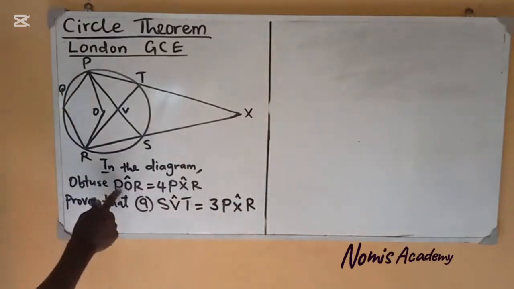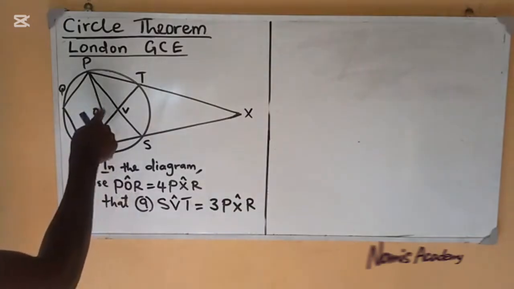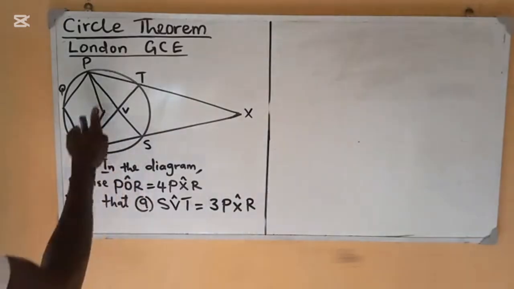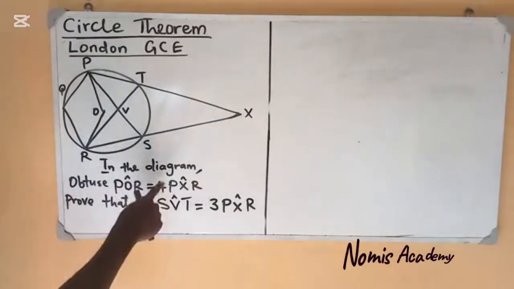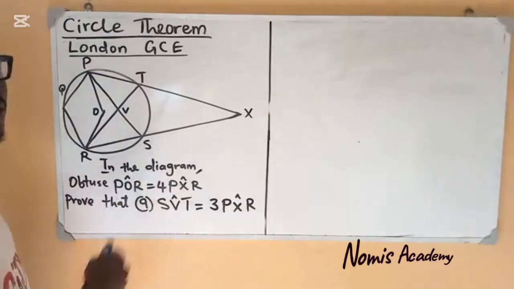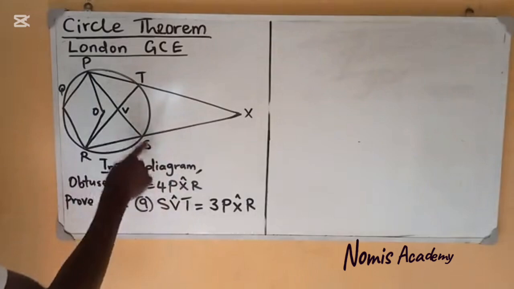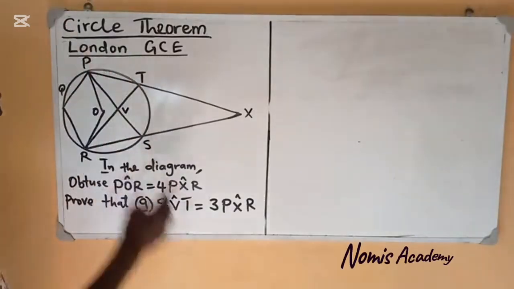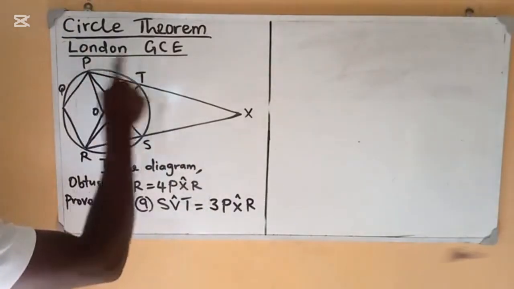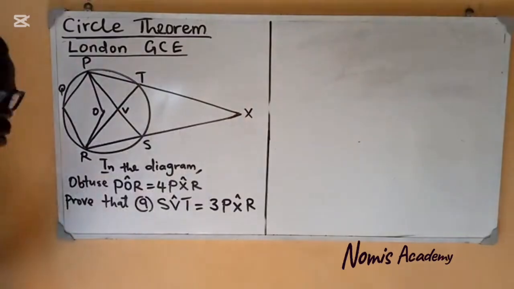Meanwhile, the obtuse angle POR is equal to 4 multiplied by PXR. So we are to prove that SVT is 3 times PXR.